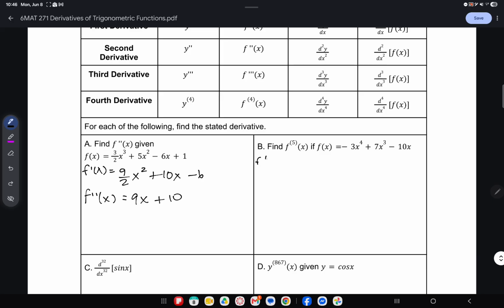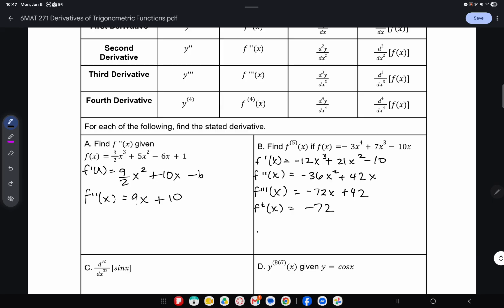So, all right, let's find the first. So negative 12x cubed plus 21x squared minus 10. And then we'll do the second. So negative 36x squared plus 42x. We'll do a third. So negative 72x plus 42. Do a fourth.